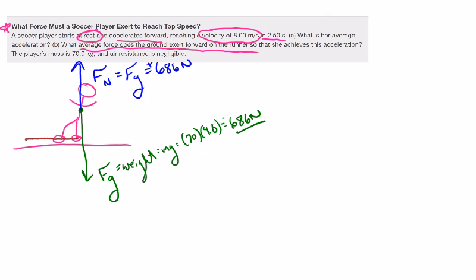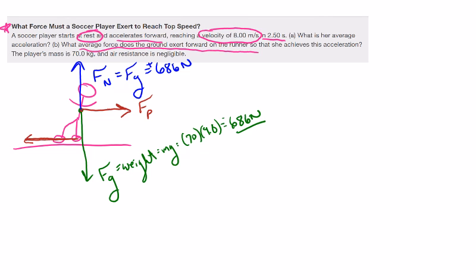If I got really picky, she's pushing back on the ground with some force, and what we want is the reaction to that. So she is going to feel a force forward due to the ground. This is the ground exerting a forward force on her. So this is the force, I'll just say a propelling force. I'm going to call that FP.